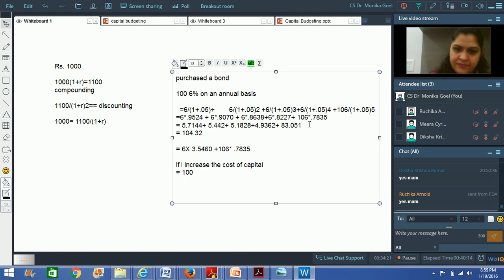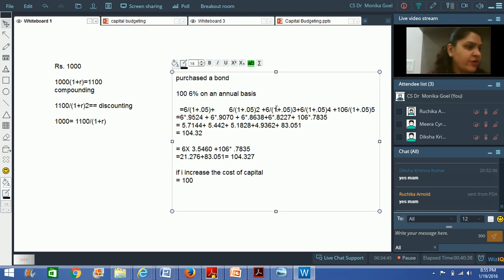So what do I get out of it? I would be getting 6 multiplied by 3.5460, that is coming as 21.276, plus 83.051, it gives me 104.327.